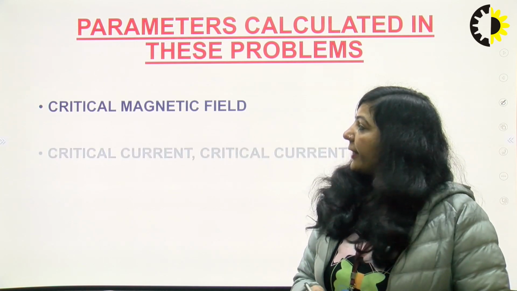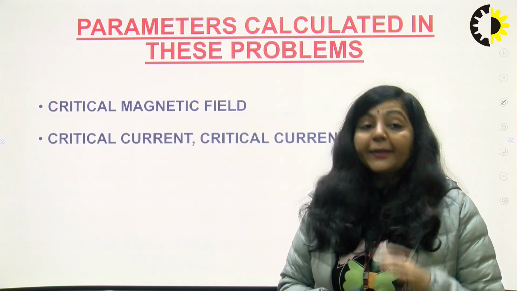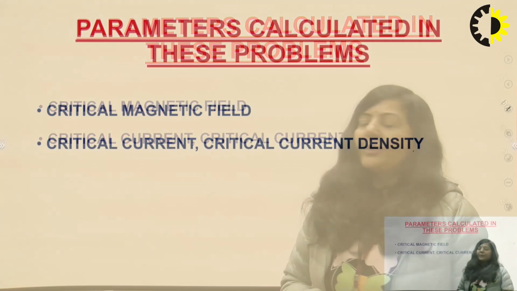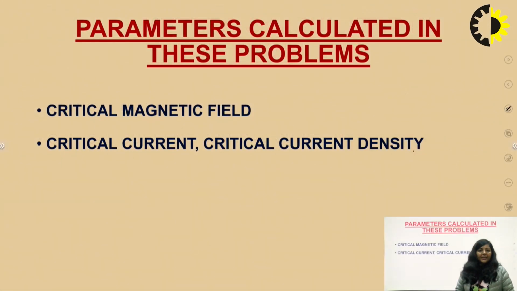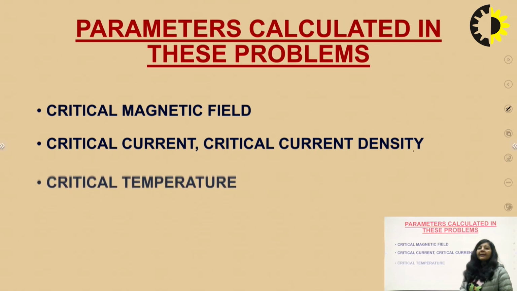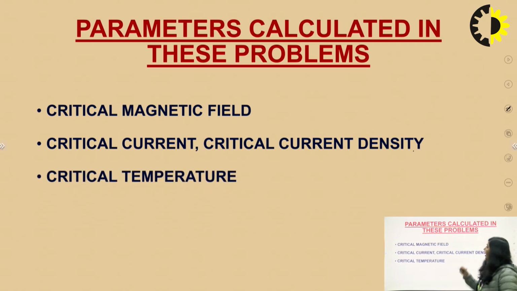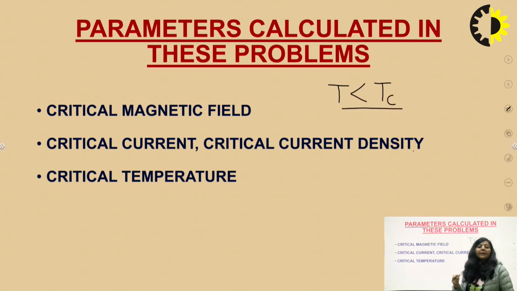In addition to critical temperature, there is one more factor which decides the behavior of a superconductor, and that factor is known as critical magnetic field. If you have a material with temperature T less than Tc, and that material has the potential to show superconductivity, then at this temperature, when T is less than Tc, it will be in superconducting state.